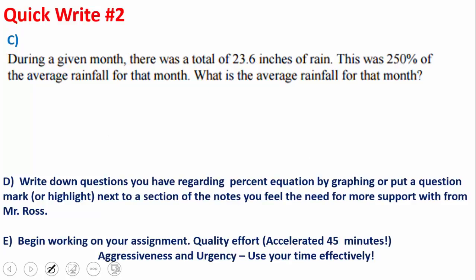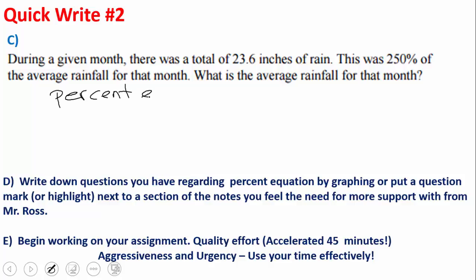All right? So, our quick write 2, because we just finished, is: during a given month, there was a total of 23.6 inches of rain. This was 250% of the average rainfall for that month. What is the average rainfall for the month? I want you to use the percent equation.